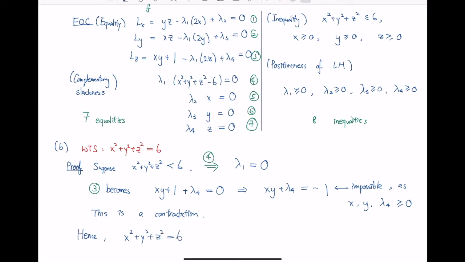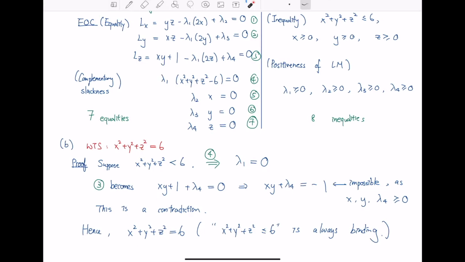Or in other words, the constraint x squared plus y squared plus z squared less than or equal to 6 is always binding. And that's it.